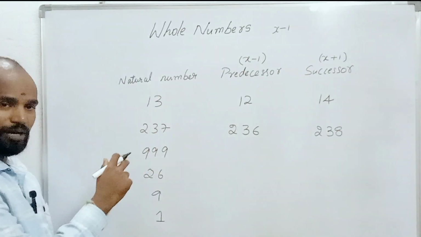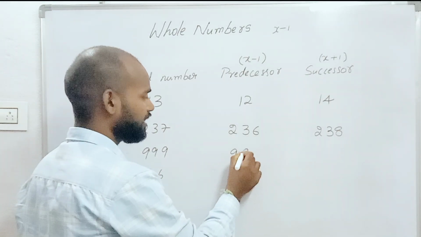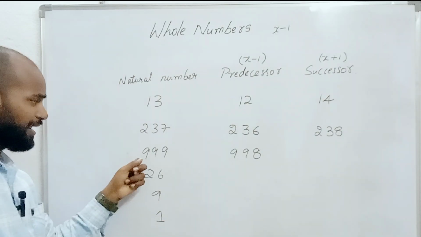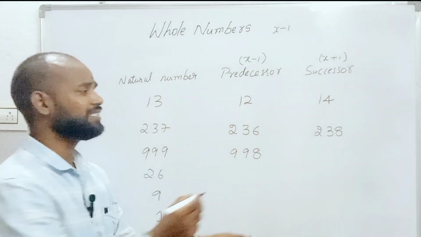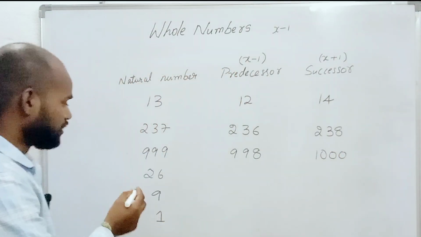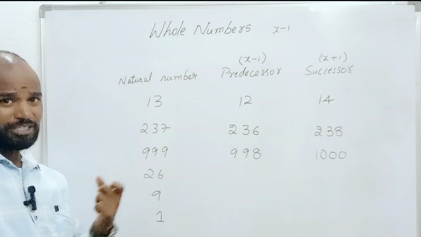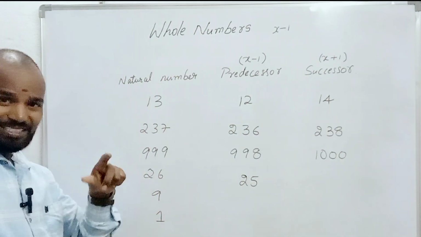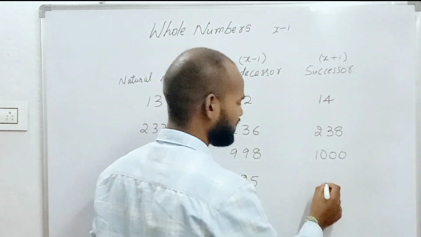Predecessor means the number before, that is 998. The successor of 999 is 1000. Next one, 26. Predecessor is 25. Successor means the next number, 27.